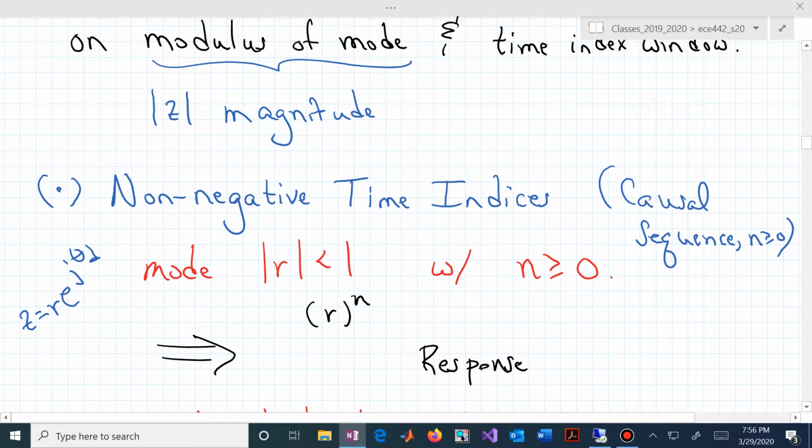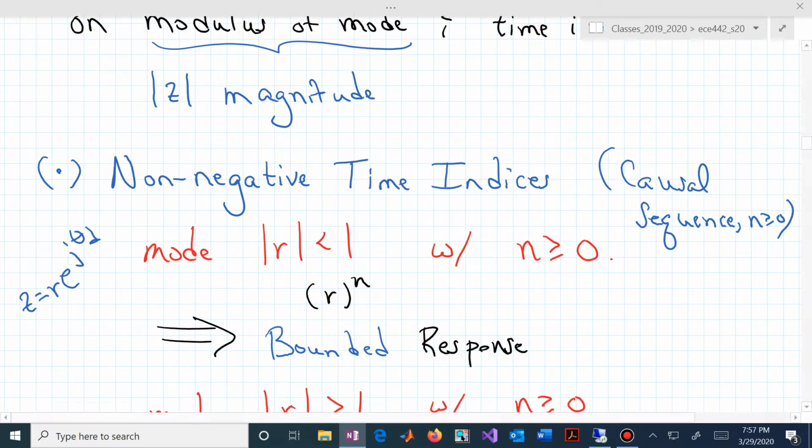If that magnitude is less than 1, what's the response? Bounded or unbounded? That you need to be comfortable with determining. In this case, n is non-negative. Think of it as positive powers of n, and r is less than 1. Now just pick a convenient value for r, 1/2 squared, 1/2 cubed. That's shrinking, so you have a bounded response.